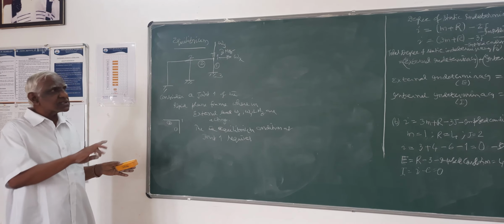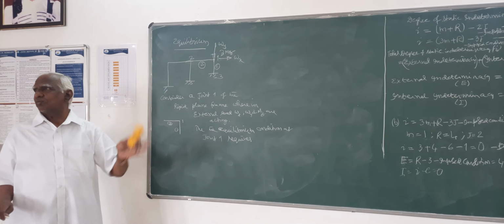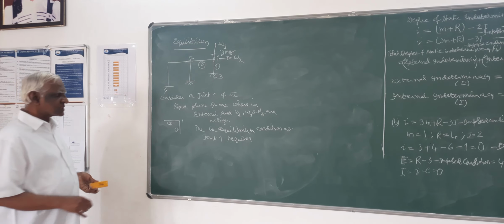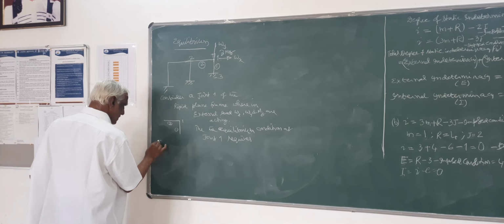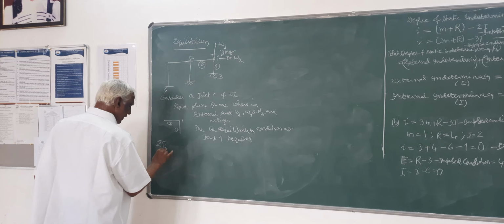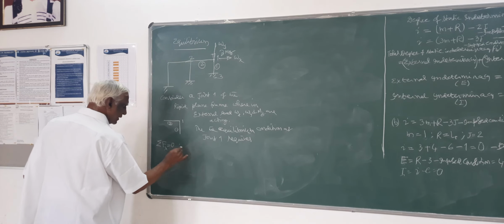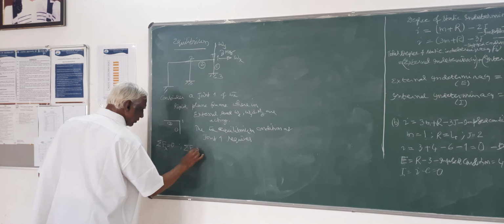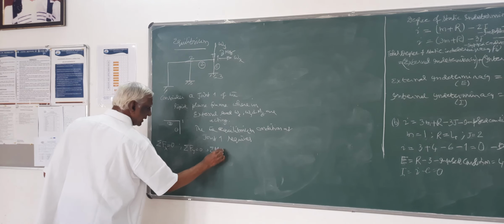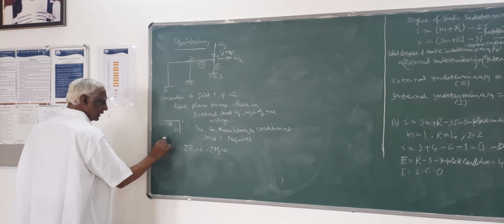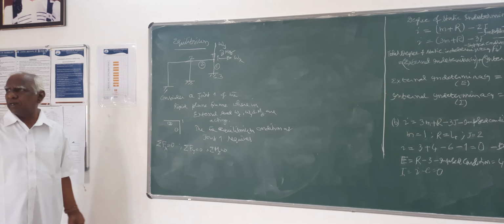Member end forces means resolved member end forces along 3 fundamental directions. That's what it means. Then the equilibrium condition here requires sigma Fx equal to 0, sigma Fy equal to 0 and sigma Mz equal to 0. Joint 1 requires this equilibrium condition.